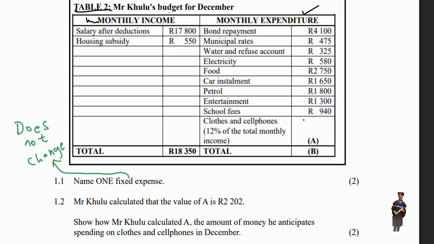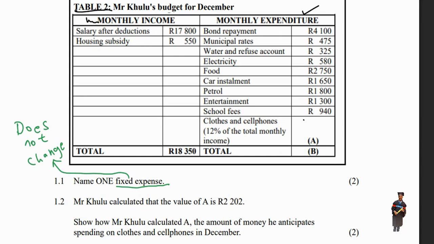So now let's go to the expenses, because they want us to write down a fixed expense. This is where we are going to see expenses, on the second column, and we are looking for the ones that are fixed.